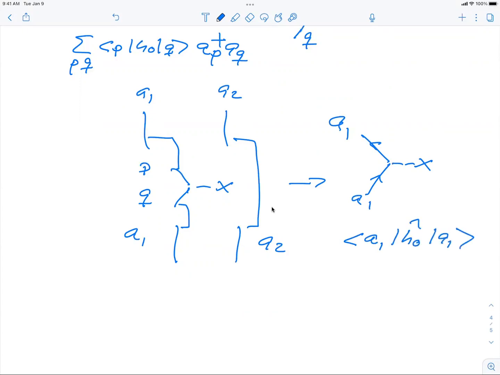So the outgoing state, which is this state here, enters the bra side, and the incoming state enters the ket side. So when you look at such a diagram, you can then read off immediately the analytical expression for the matrix element.